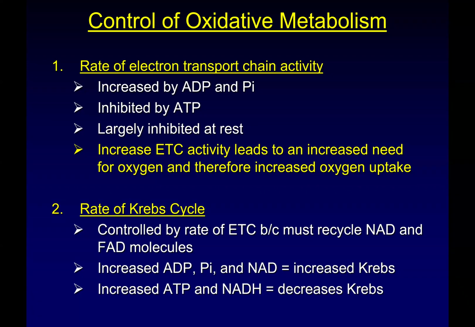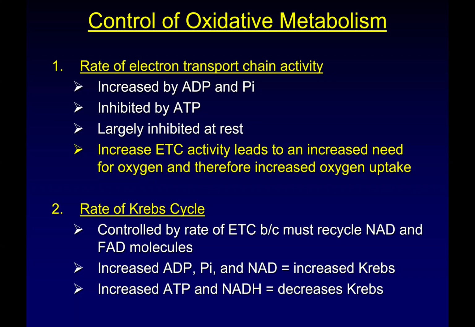So that's where this increase in oxygen consumption, this increase for O2 demand comes from. It's because we speed up the rate of the electron transport chain, so we need more oxygen as the final electron acceptor. So that's the big thing. It's primarily controlled by ADP and ATP.